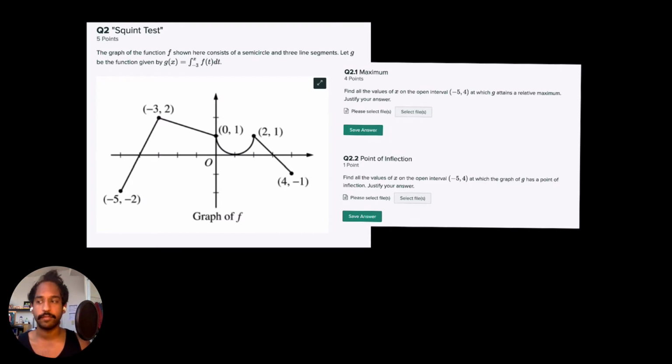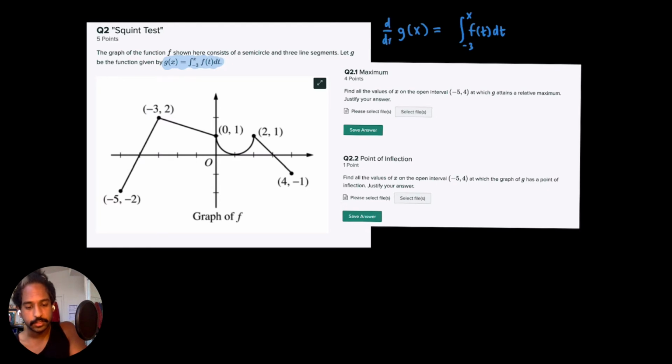Well, we don't have the graph of g, but we have to remember this relationship that they share is really, really important. Why? Because if we know that g of x equals the integral from a constant to x of f of t dt, if we find the derivative of both of these, this illuminates a relationship, which is that g prime, the derivative of g, is f.